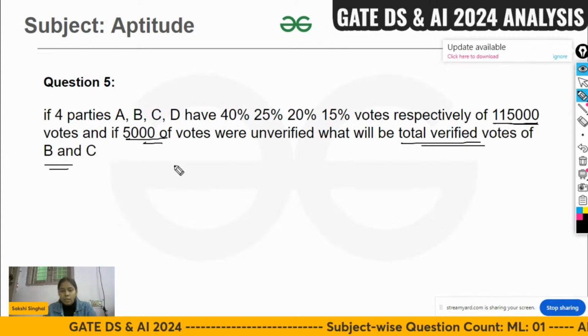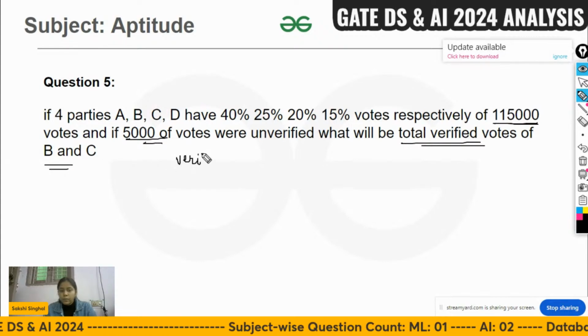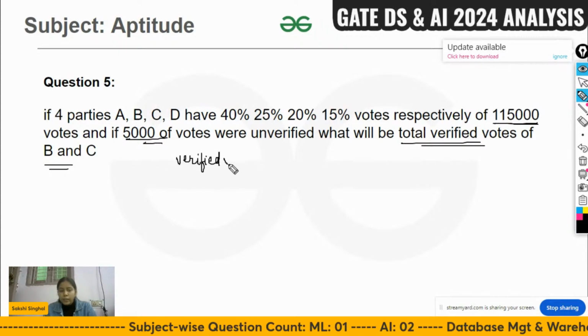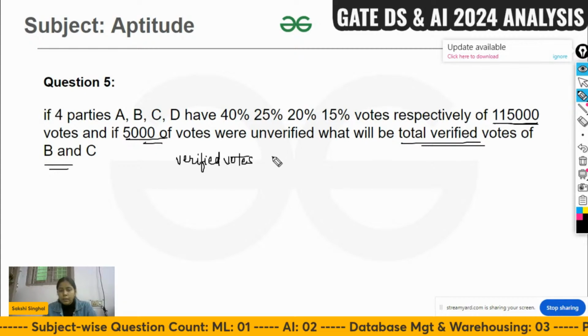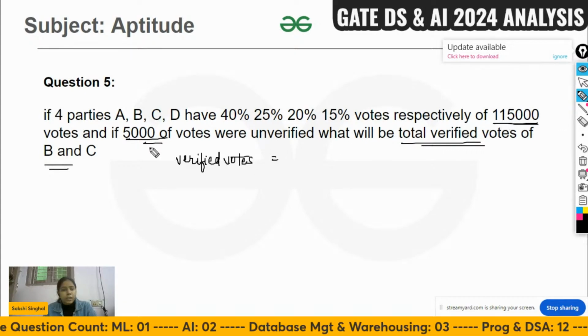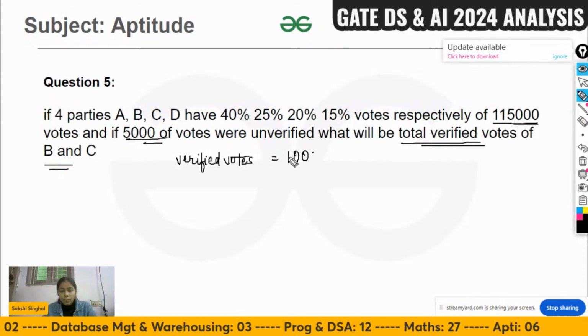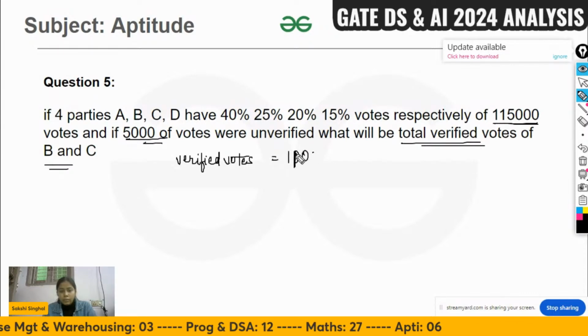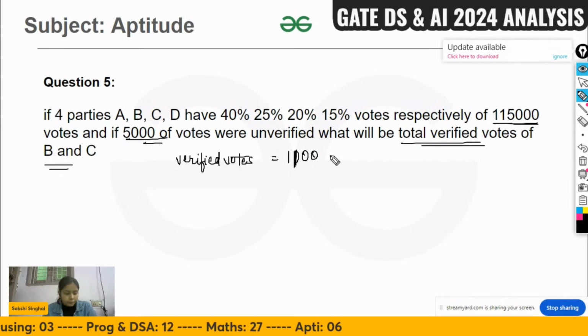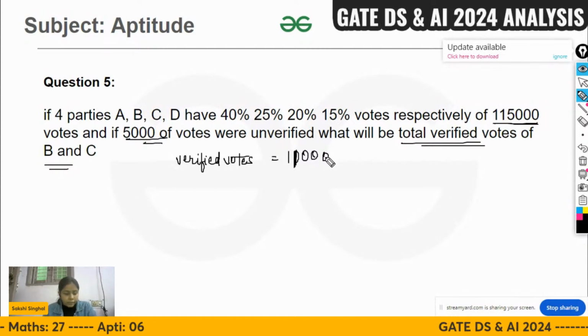Total verified votes. So first find out the verified votes. How many verified votes are there? 1,15,000 minus 5,000. So that would become 1,10,000. Right, Jignesh. Right, Anupam and Jignesh. So B and C is this.